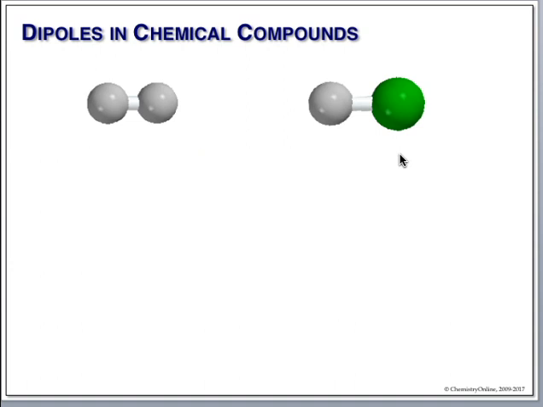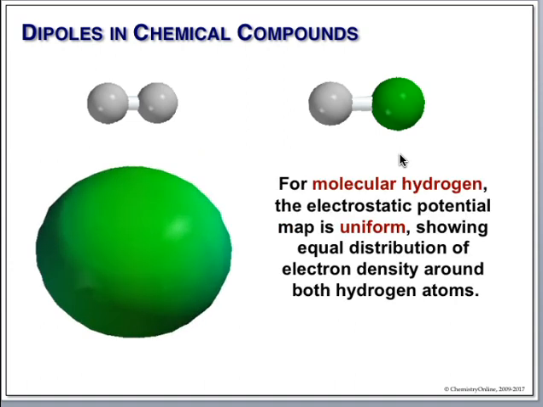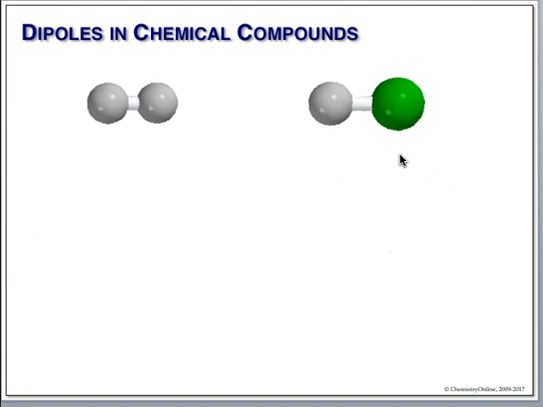For hydrogen, it looks something like this, a little bit of an oval-shaped egg, but this is colored uniformly green. And that indicates that the electron distribution between these two nuclei is really uniform. Now that's not unexpected because they are identical and they are sharing perfectly. For hydrogen fluoride, however, we get something slightly different.